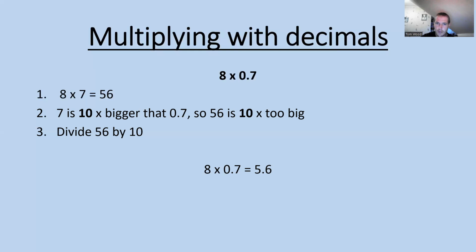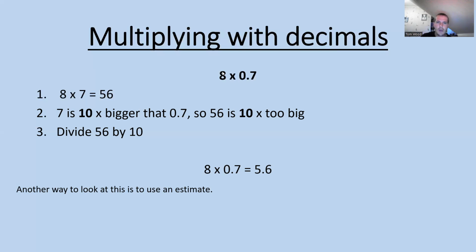The other way that most people find this a bit easier is just to use an estimate. So right, I've got 8 times 7 is 56. What would an estimate of my answer here be? Okay, well, I've got 8 times 0.7. 0.7 is pretty much 1. If we call that 1, 8 times 1, my answer is going to therefore be around 8.